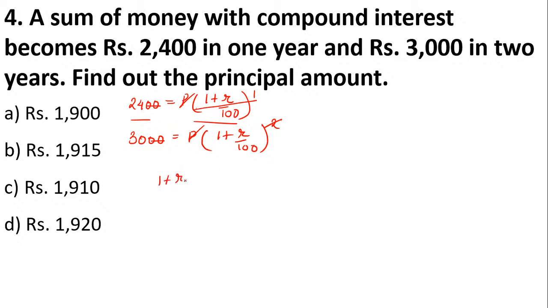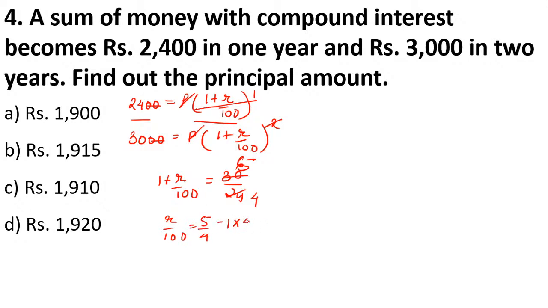So 1 plus R upon 100 is equal to 30 upon 24, which we can cancel by 6. 6 5s are 30, and 6 4s are 24. 1 goes to the other side, R upon 100 is equal to 5 upon 4 minus 1.